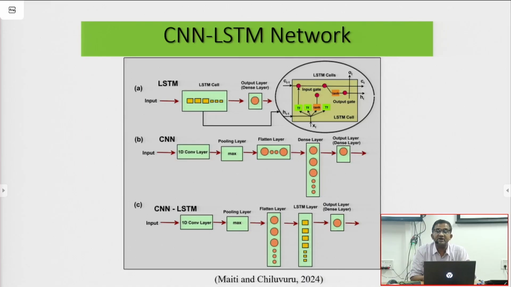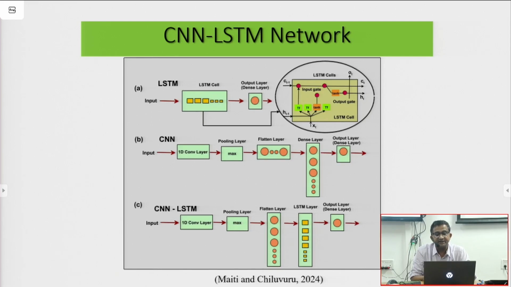So how can we combine this CNN and the LSTM in a hybrid network? One way to do that is to take this information in a sequential mode, apply it to the CNN, and then the output of your CNN can be an input to the LSTM.